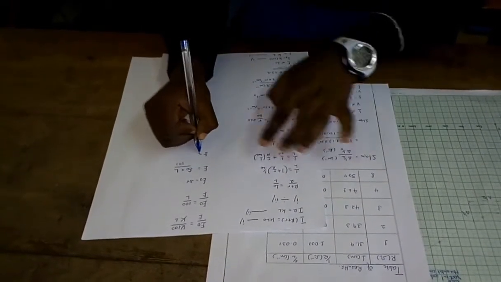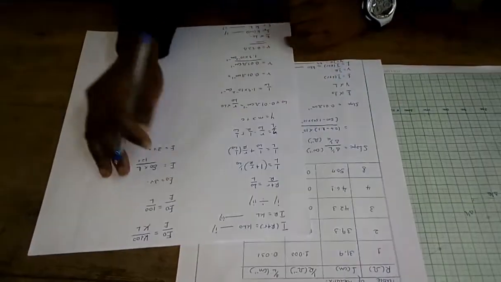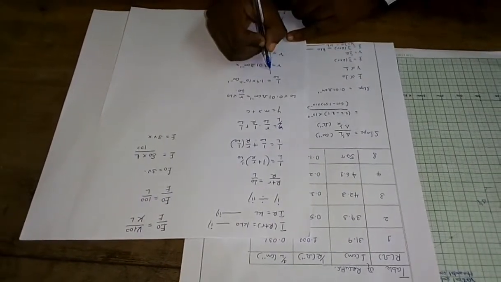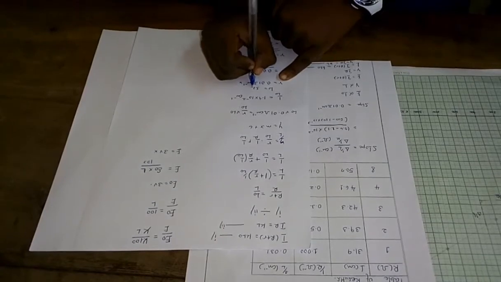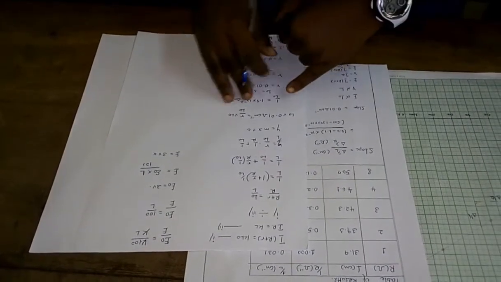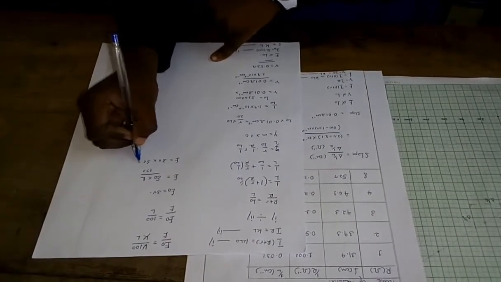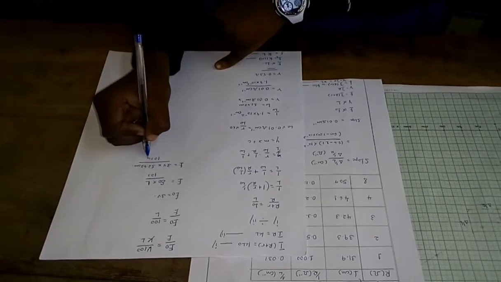So E will be EO, 3 volts, multiplied by the length from this. When I determine LO from here, I get the reciprocal, which I obtained as 52.63 centimeter. So I'll insert it here, 52.63 centimeter over 100 centimeter.